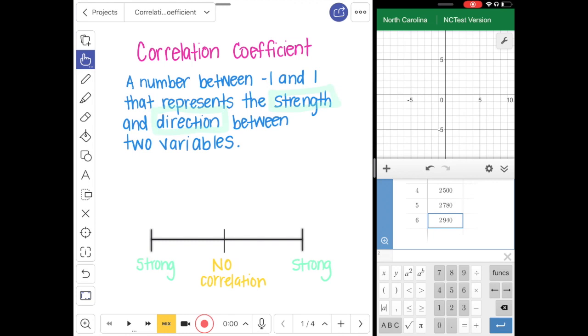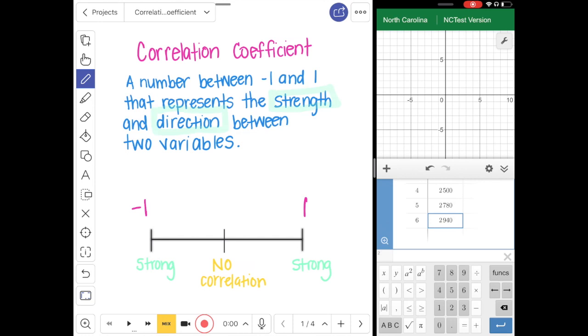So when we're talking about this correlation coefficient between -1 and 1, we're going to be looking at the strength first. So if I think about it on a number line, I have -1 to 1. The closer my numbers are to -1 and +1, the stronger it will be.